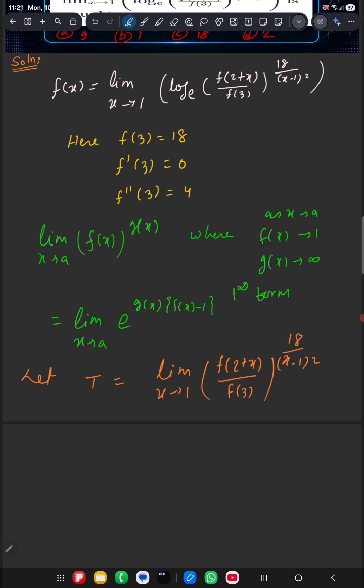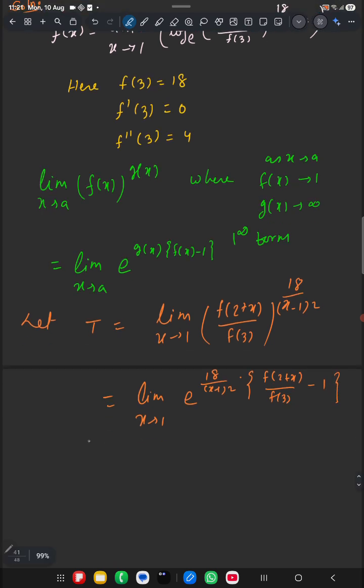So this is the form of limit x tends to 1, 1 power infinity format. So this will be reduced, using the above identity, to e raised to the power 18 upon (x minus 1) square into (f of 2 plus x upon f of 3 minus 1).